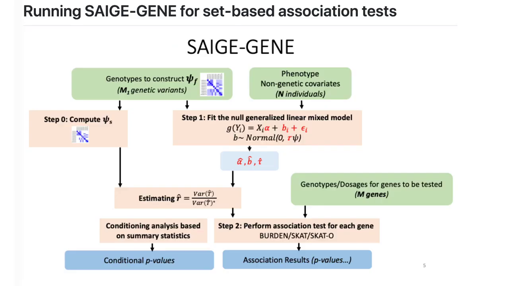SAIGE-GENE also contains similar step 1 and step 2 as SAIGE does, and it contains an extra step called step 0, in which we construct a sparse GRM based on the provided plink file. This step only needs to be run once for each data set, and it does not change according to different phenotypes.